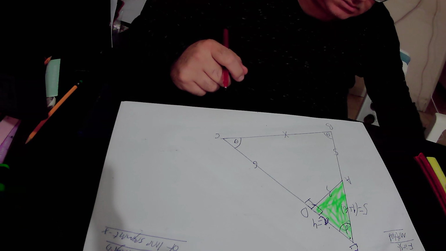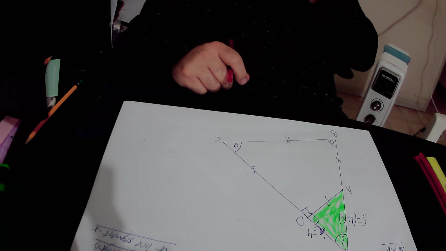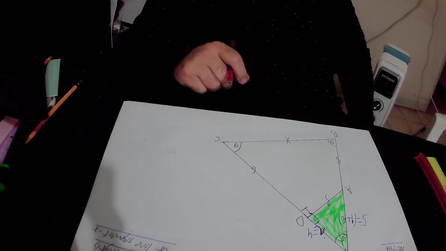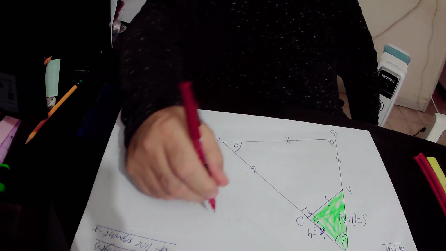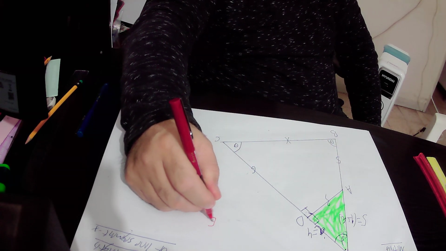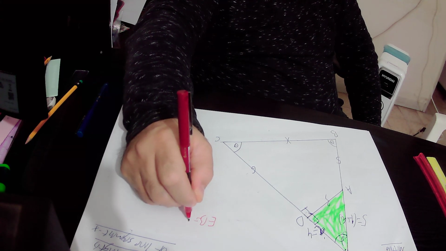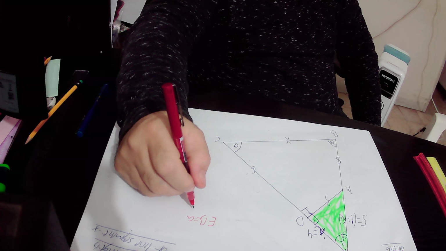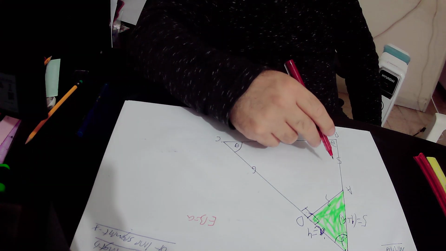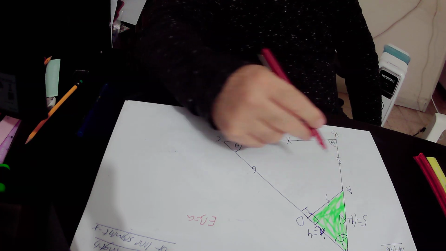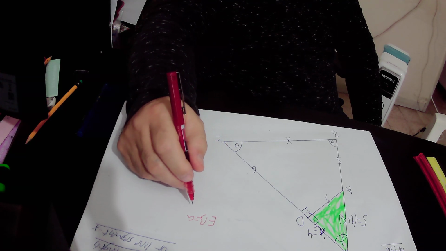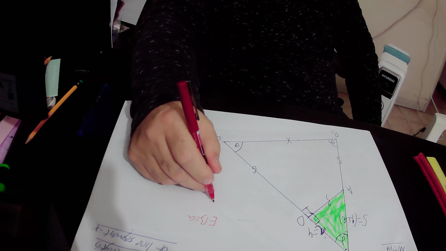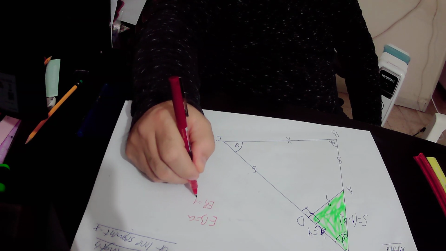Okay. So here EB equals A, and EB also equals 5 plus 5, that is 10 units. Okay.